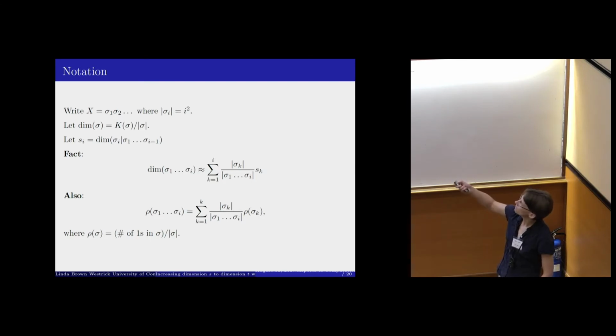If you take all of these conditional dimensions and take their weighted average, weighted according to the length of the segment that each conditional dimension comes from, then that weighted average actually gives a pretty good approximation to the dimension of the string itself.